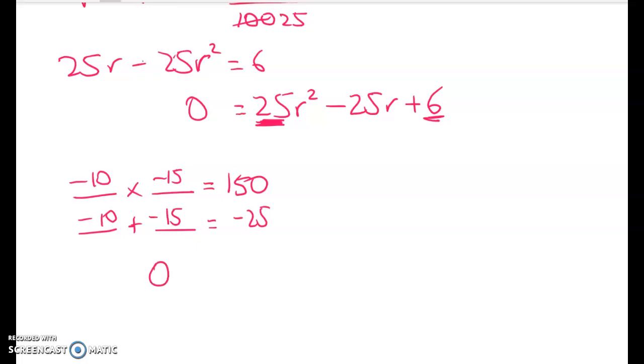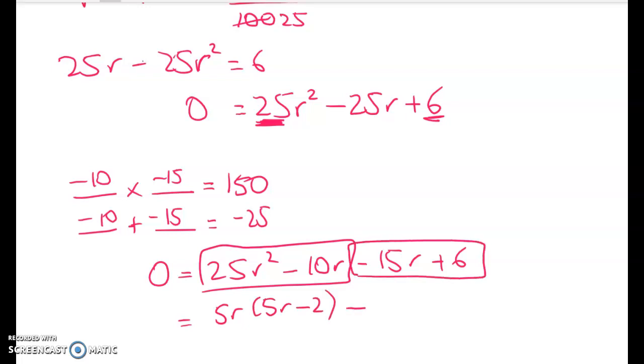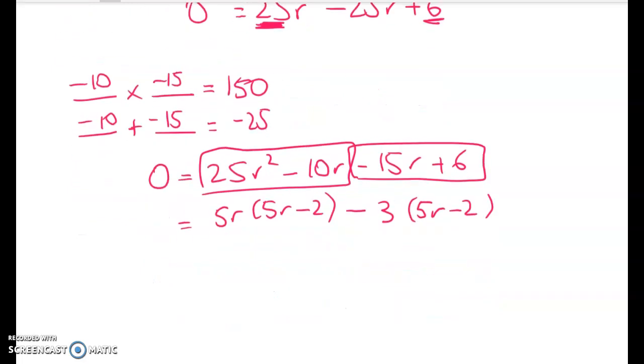So we can rewrite this as 0 is equal to 25R squared minus 10R minus 15R plus 6. We're going to factorize this, and we will get 5R into 5R minus 2, minus, factorizing and looking for that repeated term, 3 5s are 15, so minus 3 times 5R minus 2.